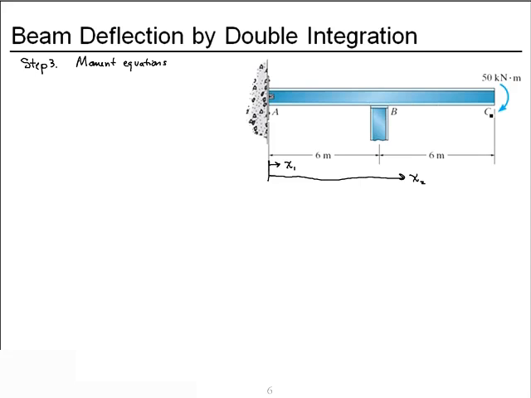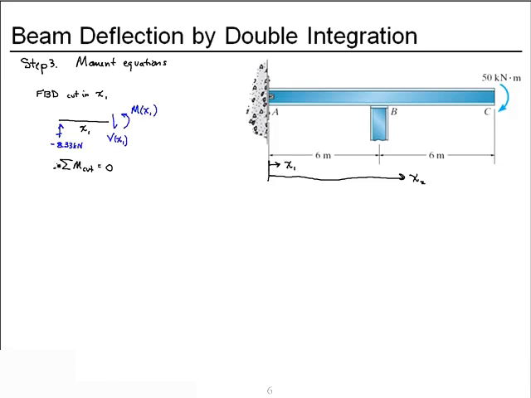So let's cut it between A and B. I'll have a free body diagram cut within the range of x1. We have the negative reaction at A, the unknown shear, which is a function of position, and the unknown moment, which is a function of position. So we sum moments about the cut.